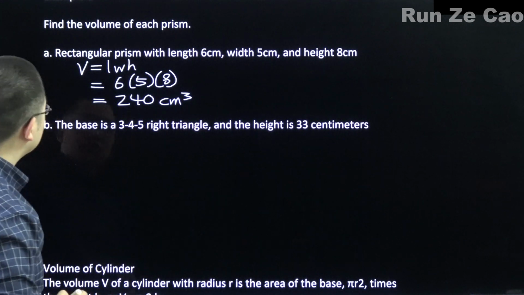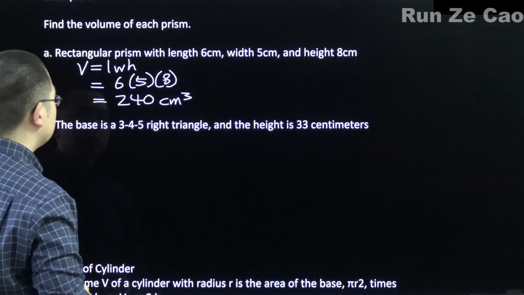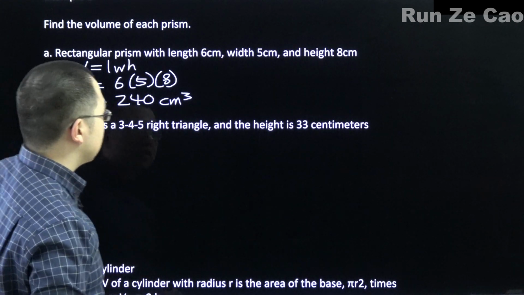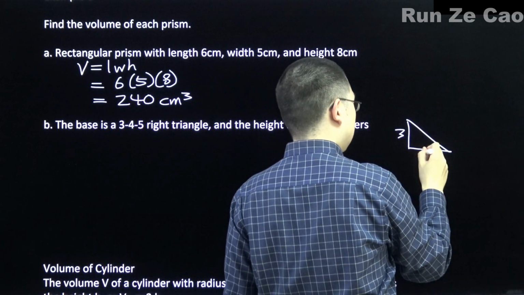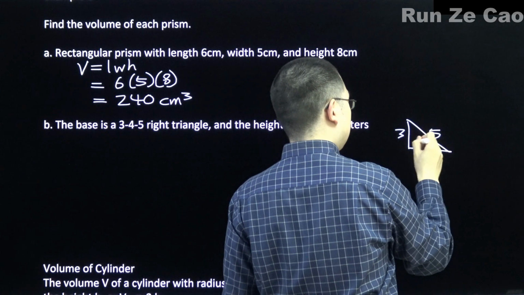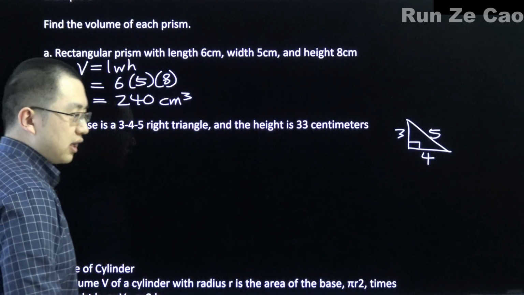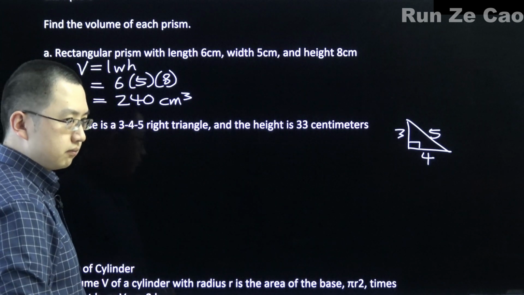Now the base is a 3, 4, 5 right triangle, and the height is 33 centimeters. A 3, 4, 5 right triangle refers to this. Now, the height is 33 centimeters. That implies that the units here are centimeters.